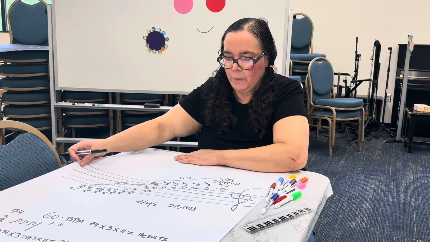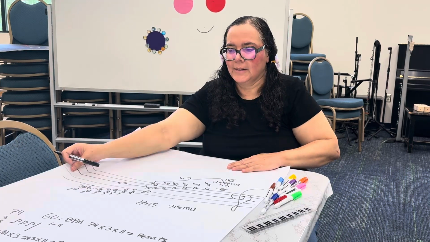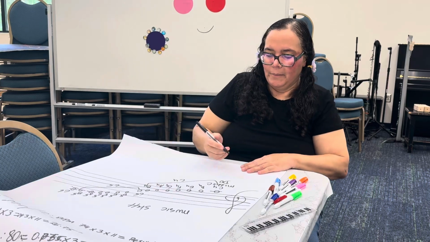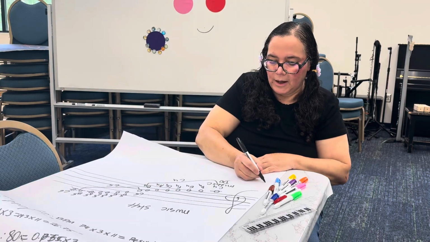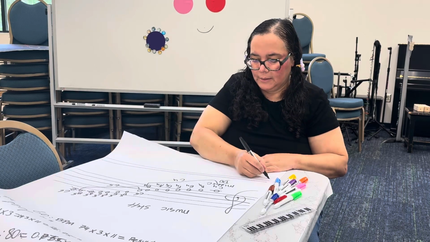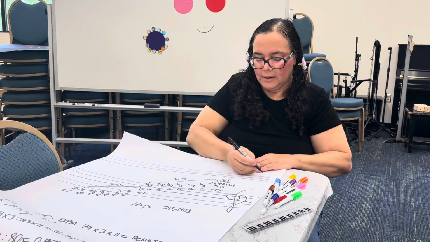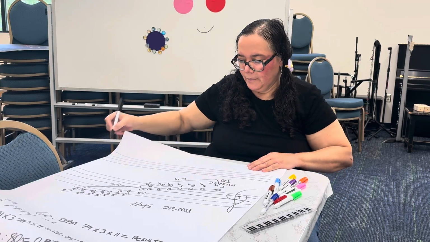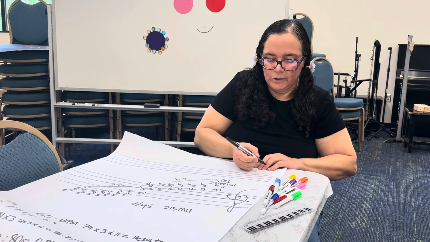Now let's do magic here. Do below the music staff, okay? Let's see if I can do that. See, that is not a straight line, but it's what they can do after the stroke.